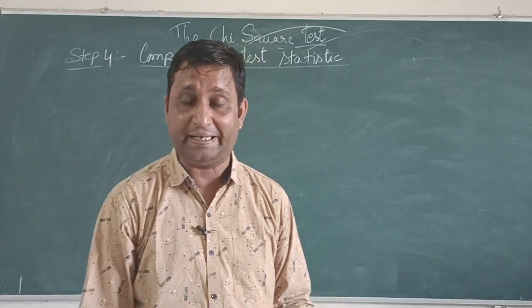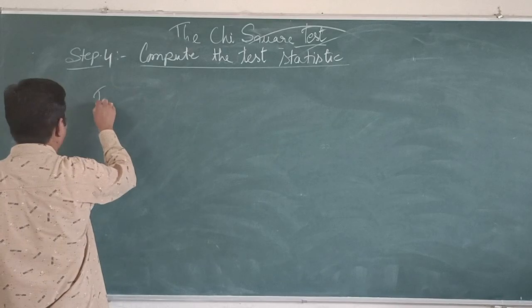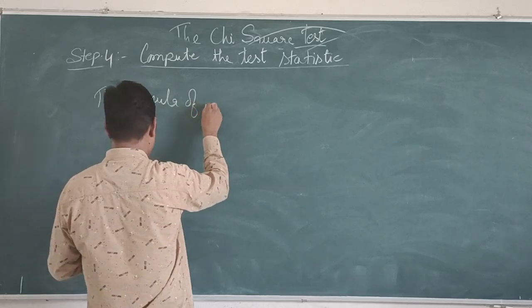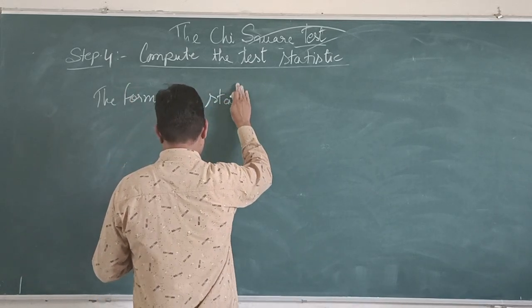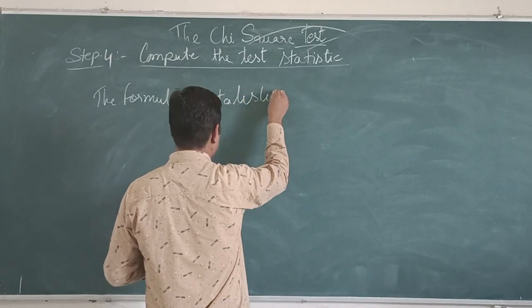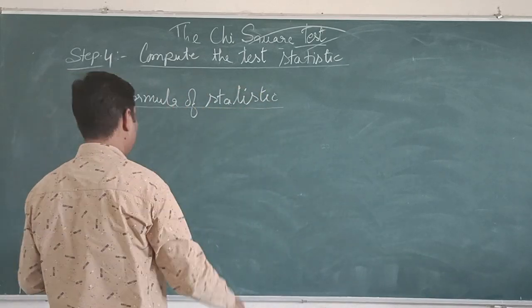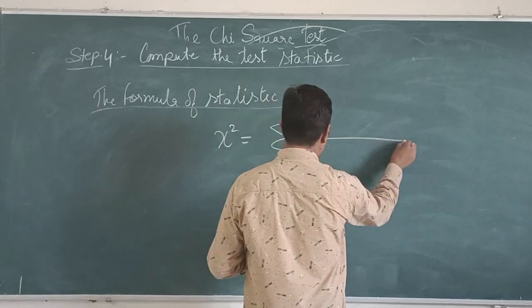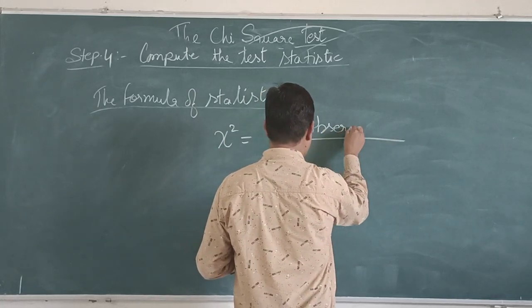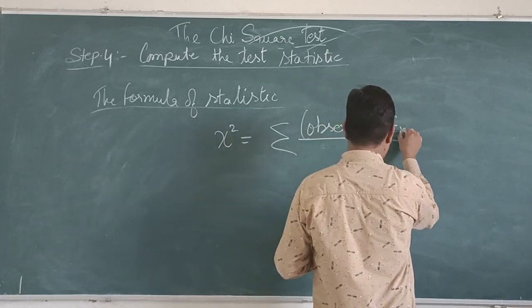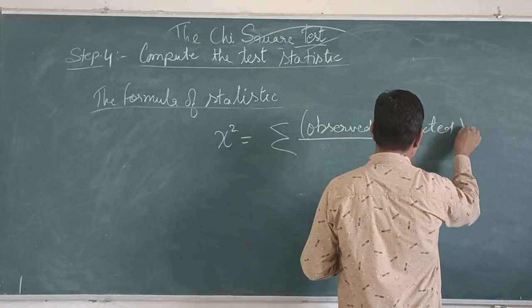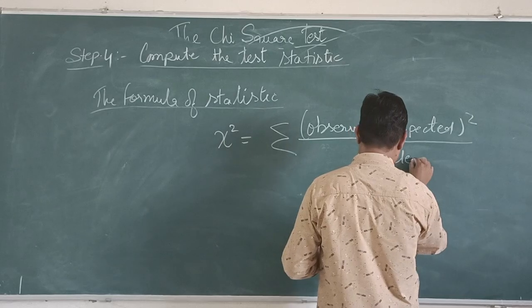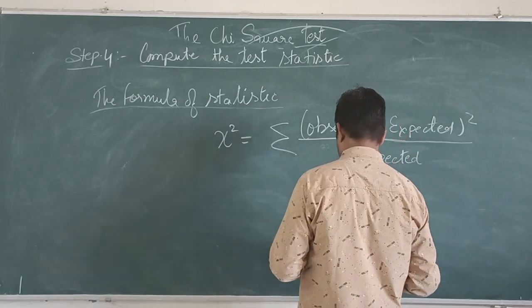The formula for the statistic is, we can say, observed minus expected, upon expected.